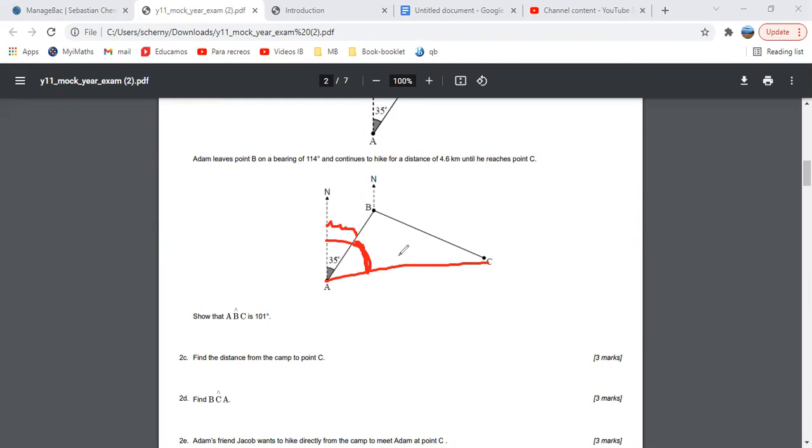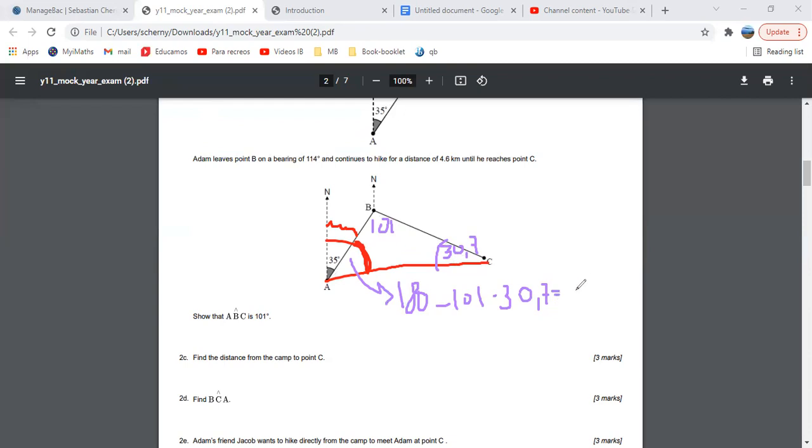So how to find this angle? Well, the easiest way is, we know that this is 101, and we know that this is 30.7. Since this is a triangle, this angle will be 180, which is the total sum of the three angles, minus 101 minus 30.7 degrees.